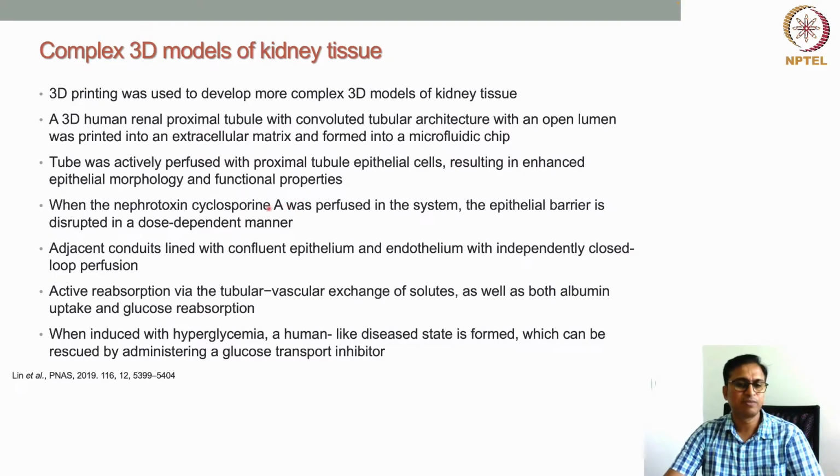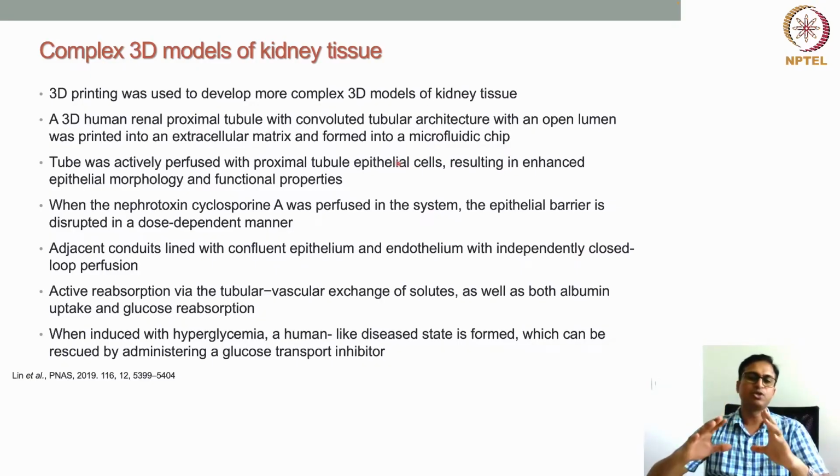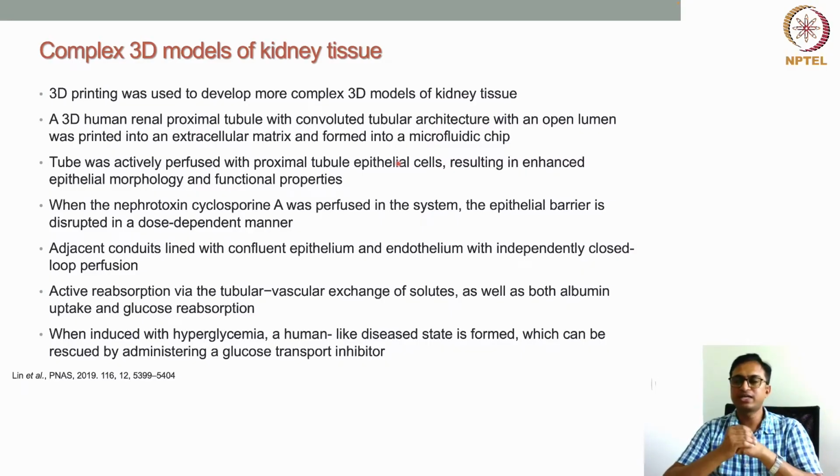To mimic that kind of physiological response, they injected cyclosporin A into the system. What they found concerned the epithelial barrier. As I mentioned, epithelial cells in the proximal tubule create an epithelial lining. This epithelial cell-to-cell connection is very important. They create some tight junctions.